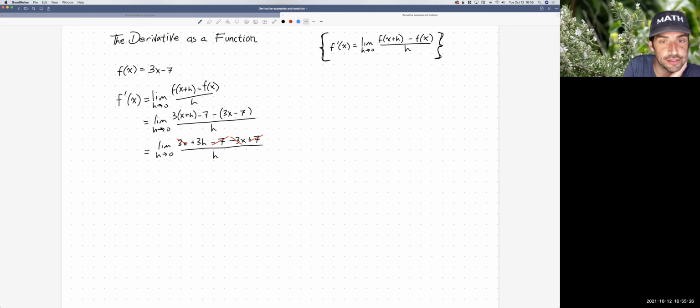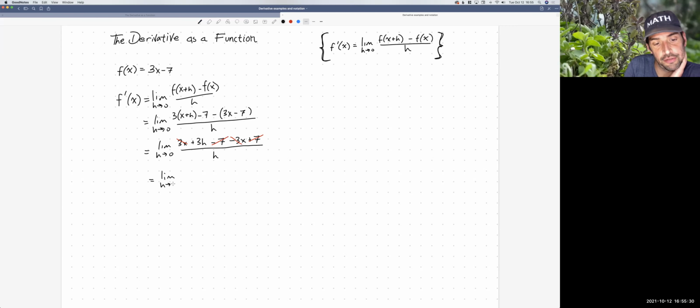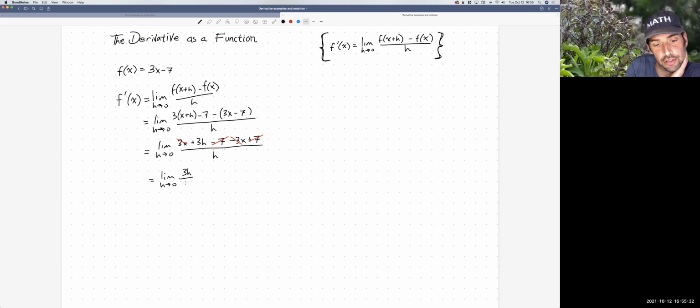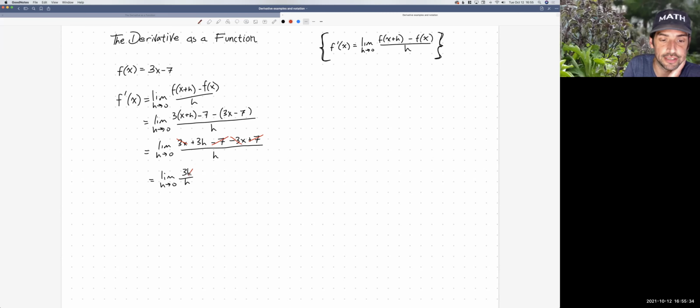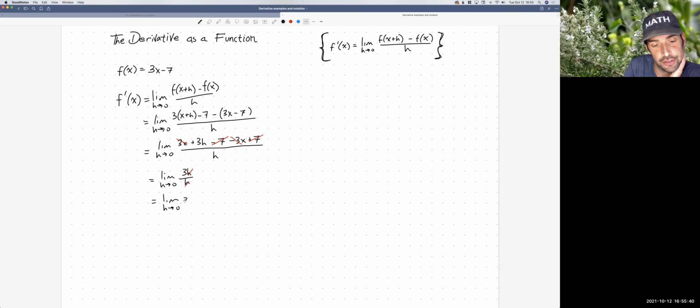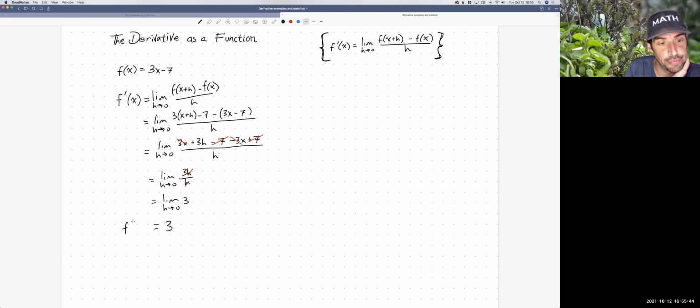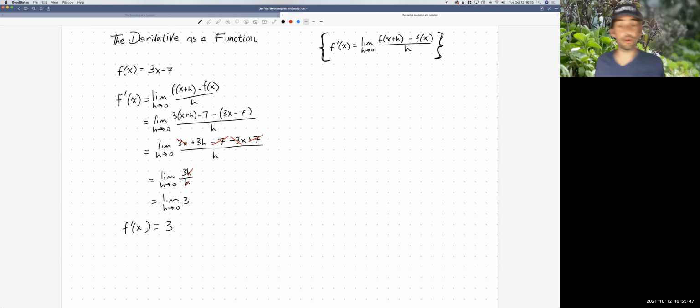We're left with 3h over h. Of course, we can cancel these factors, and so we're left with the limit as h approaches 0 of 3, and we end up with f prime of x is equal to 3.